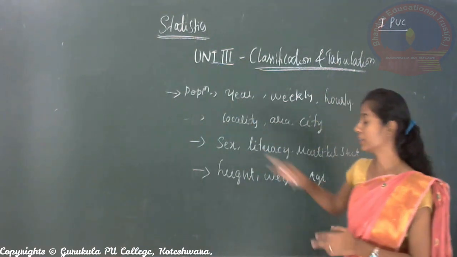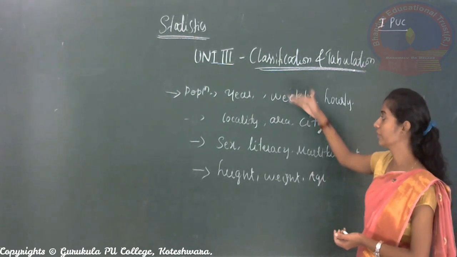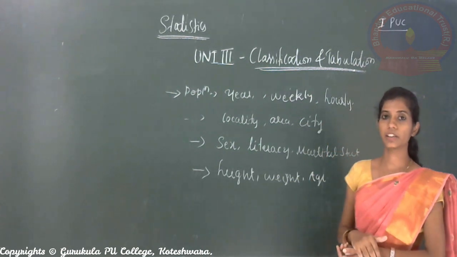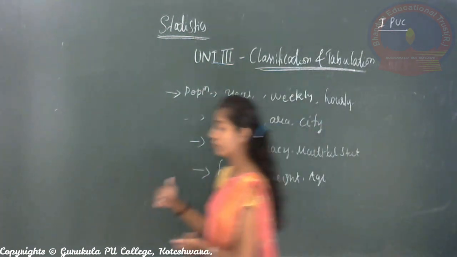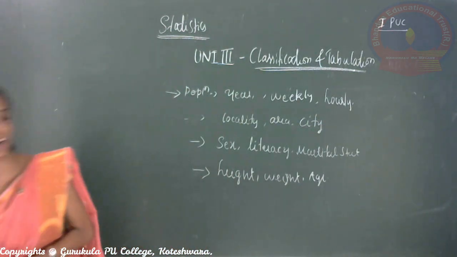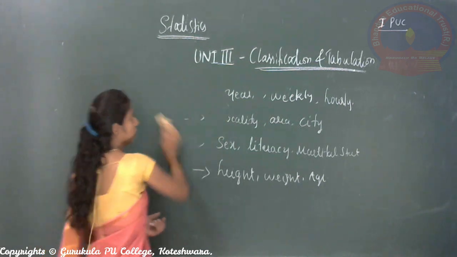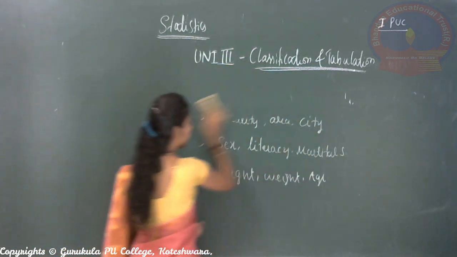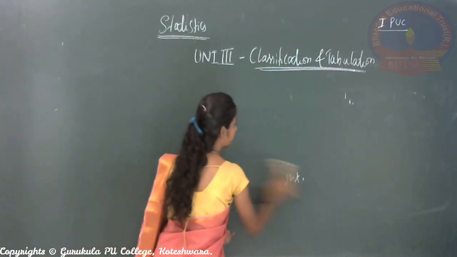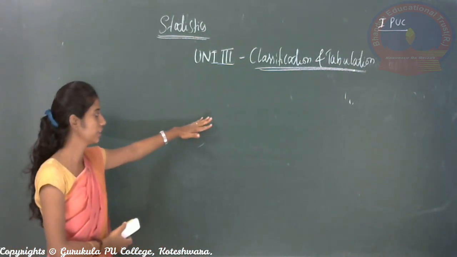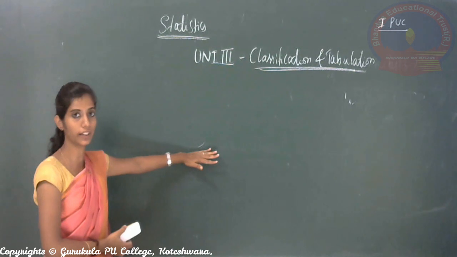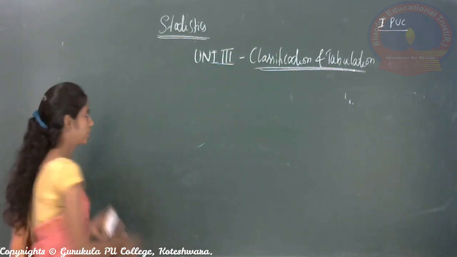So depending upon the situation, we can make different types of classification. The 4 types of classifications are: one depending upon time, second depending upon location, and depending upon the qualitative data and quantitative data.